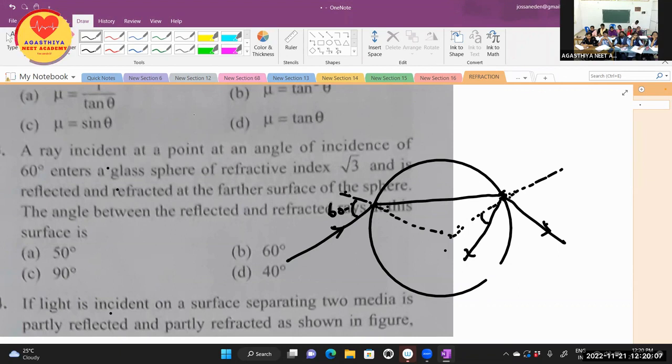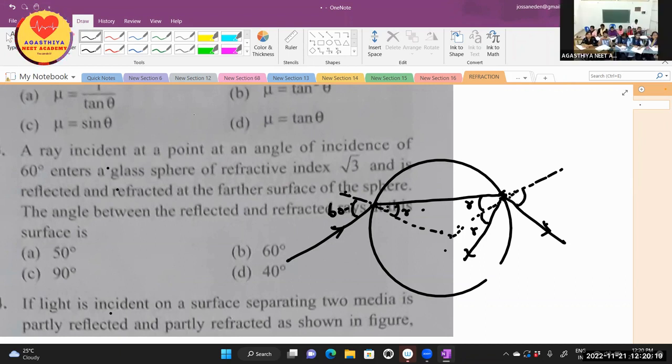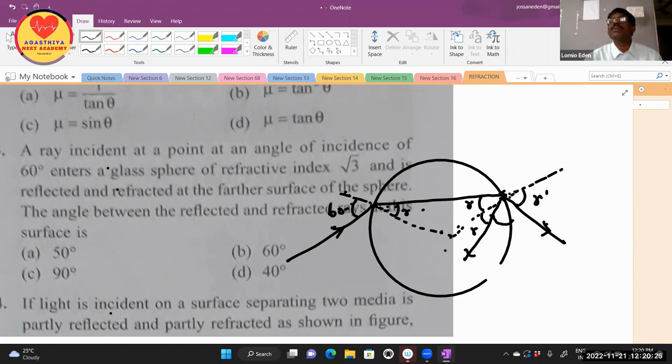See, this angle and this angle, all are equal. Say outside the refraction R dash. The question is to find the angle between the refracted ray and reflected ray inside the sphere. That is, let it be alpha.